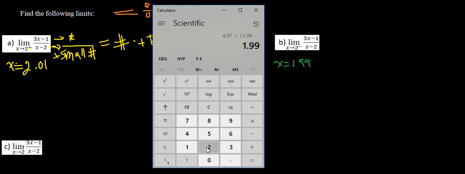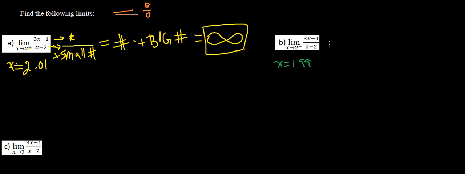1.99 minus 2. And before we divide, we notice that we get a small number, but instead of a small positive, we're getting a small negative number. And it's giving us a very large negative number. So I think we can make that same conclusion. We're going to get some number value over a small negative number.